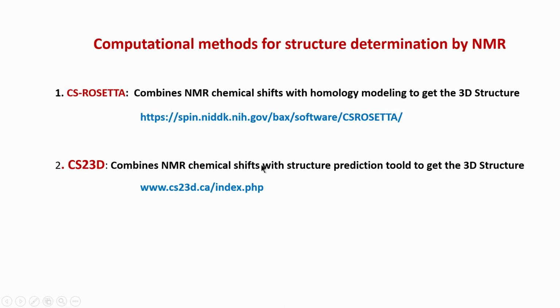Each time a structure is predicted or a homology model is generated, a chemical shift is predicted from the structure, and the predicted chemical shift and the observed chemical shift should match. That is a kind of constraint given to this software, and they generate the structure.